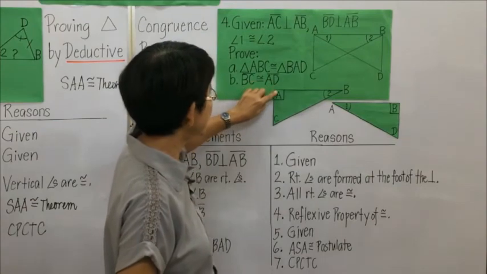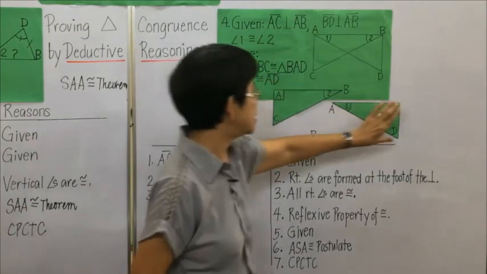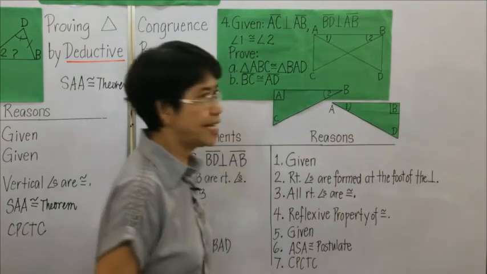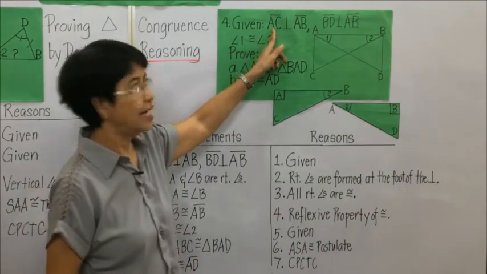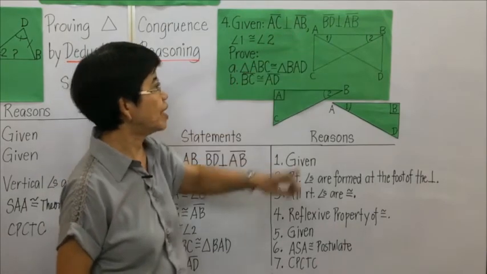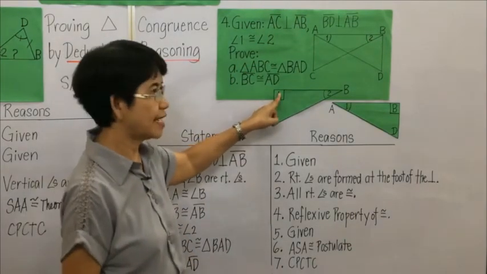So I redraw the triangles. Here is triangle ABC and here is triangle BAD. Given that AC is perpendicular to AB, we have a right angle here.